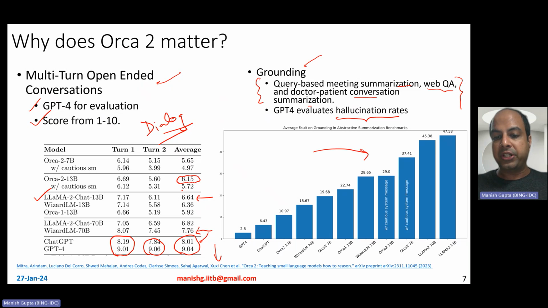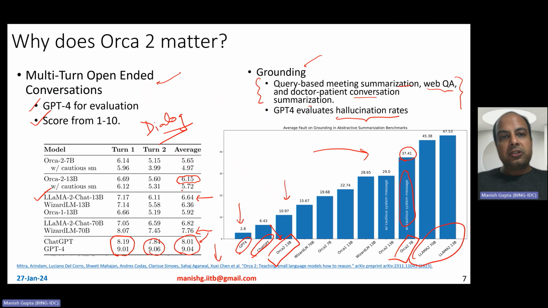What you observe is that the lowest hallucination rate is, of course, observed in GPT-4 and ChatGPT. But Orca 2 also has very low hallucination rates. Now, it is important to note that Orca 2 13 billion has low hallucination rates, but Orca 2 7 billion, especially with the cautious system message prompt, actually has a pretty high hallucination rate, comparable to the Llama 2 models.